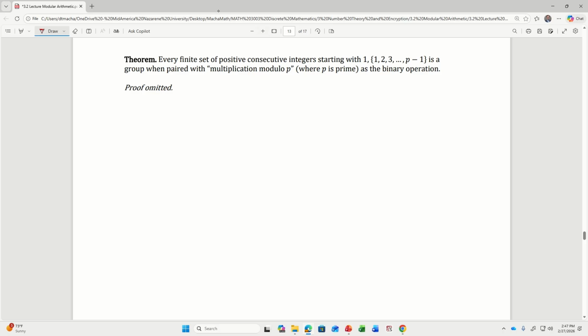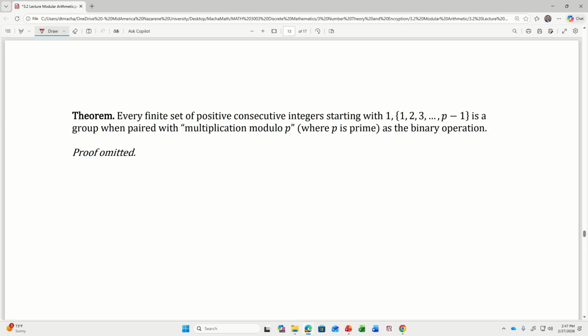So it turns out, and this is another thing that we're not going to prove in class, that every finite set of positive consecutive integers starting with 1, like 1, 2, 3, 4, 5, 6, is a group whenever you pair it with the binary operation multiplication modulo p, like multiplication modulo 7, as long as p is prime.